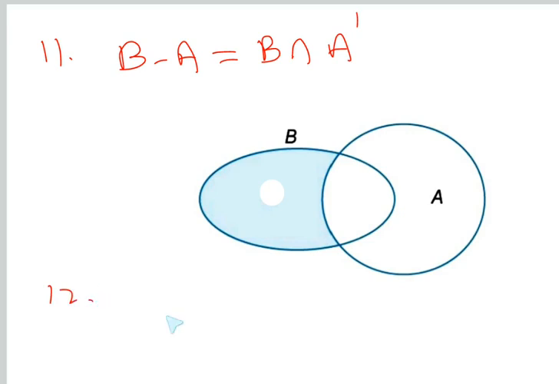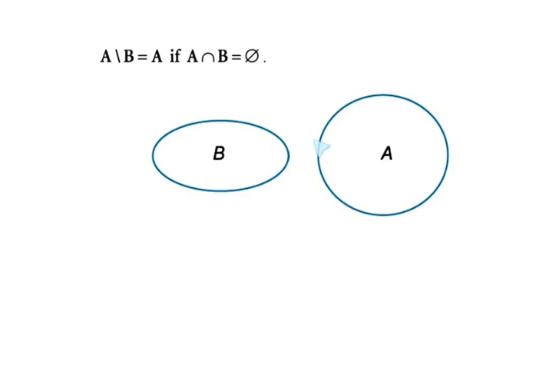The 12th one, for example, A minus A. What is your answer for this question? A minus A equals φ. It's a null set. Here B and A are separated and there is no common element between B and A, so such sets are called disjoint sets.